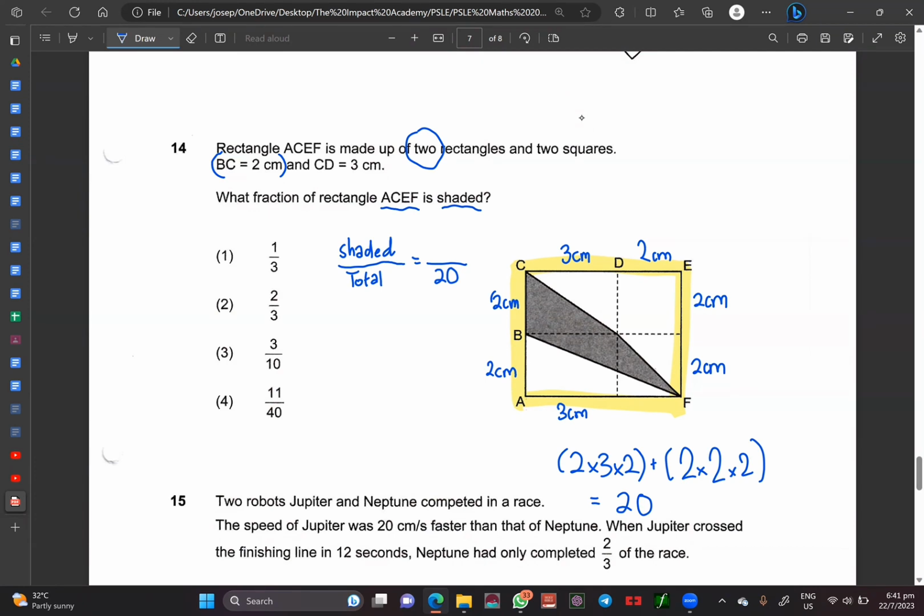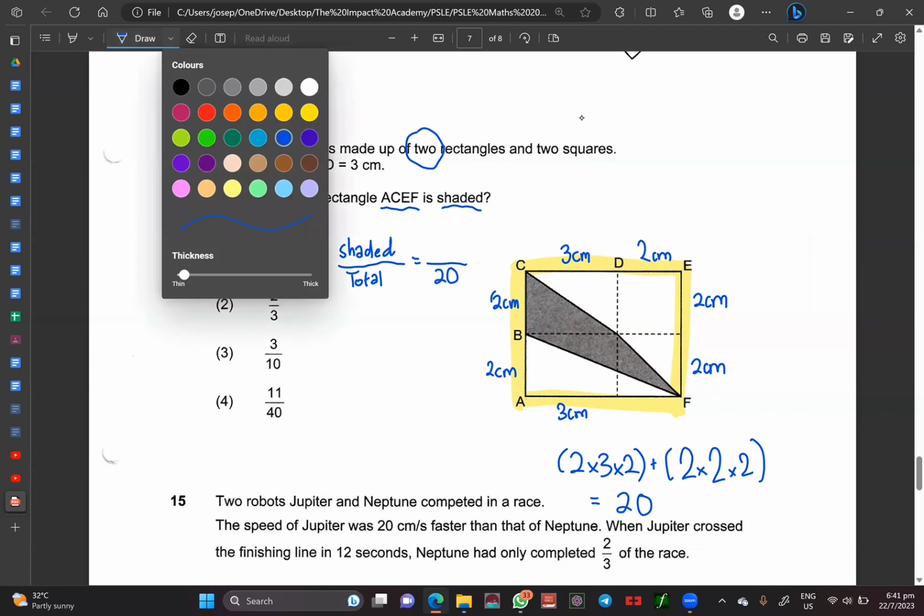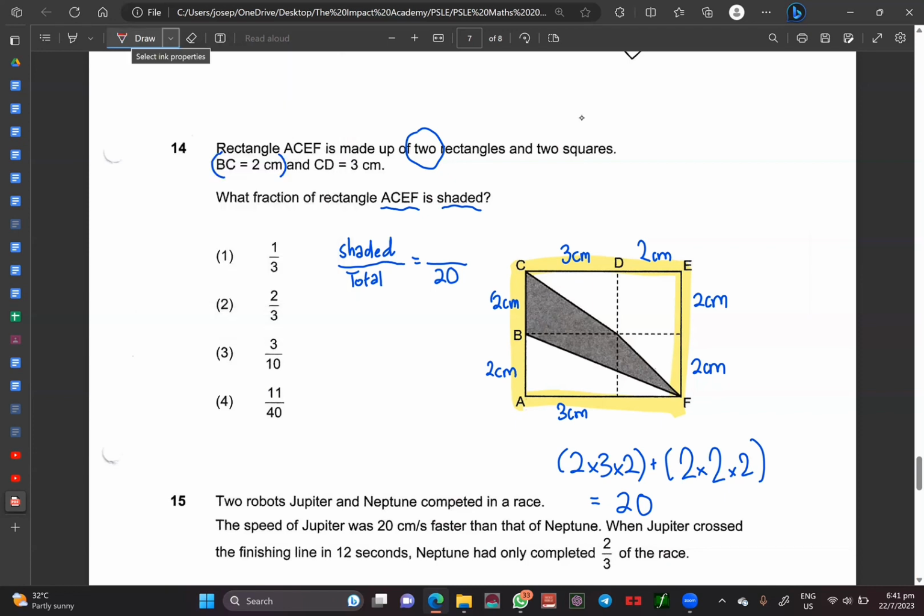Once you are done with this, what you want to do next is to find the area of the shaded parts. When I look at the shaded parts, I always tell my students that you have to break it down into shapes that you are familiar with. When I look at this shape, there's one shape that I'm very used to.